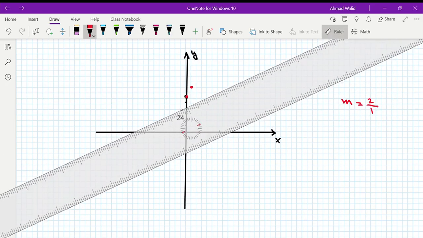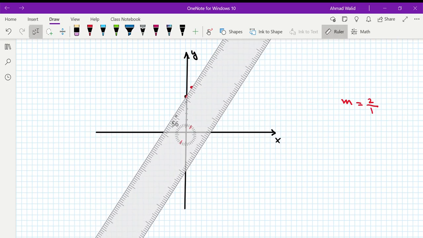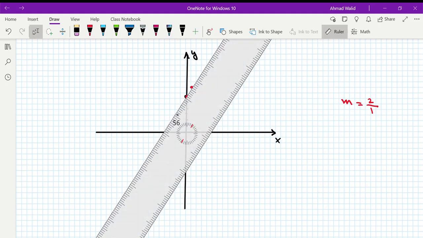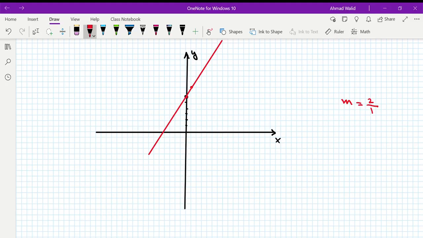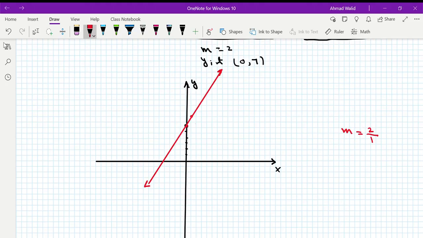And if you connect these two points like this, this is the graph of the first line, y equals 2x plus 7.